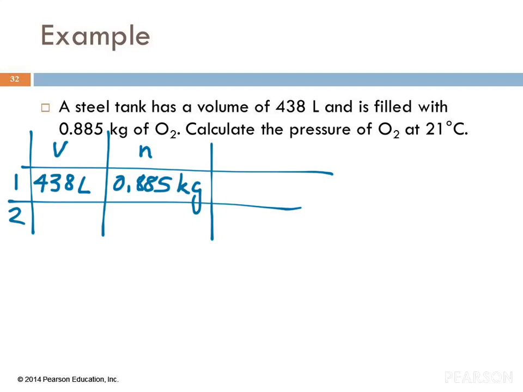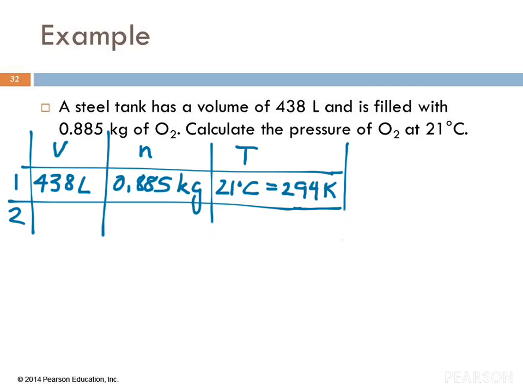21 degrees Celsius. What do we need to do to that? We need to convert that to Kelvin. So we're going to add 273, so we're going to end up with 294 Kelvin. We've gotten through all the numbers, and there was no second row. It's okay.